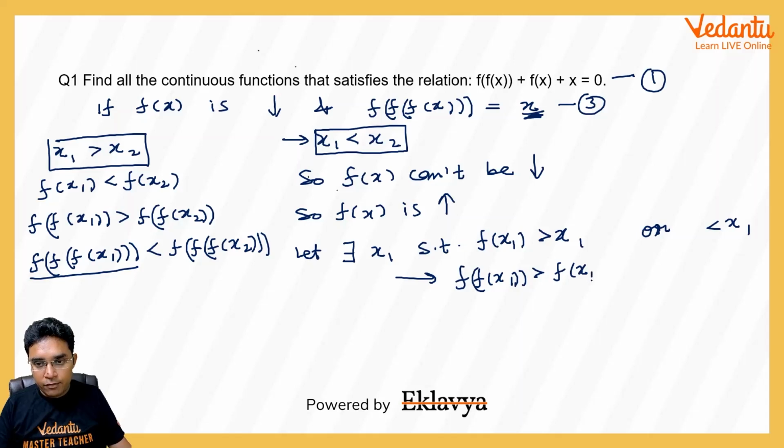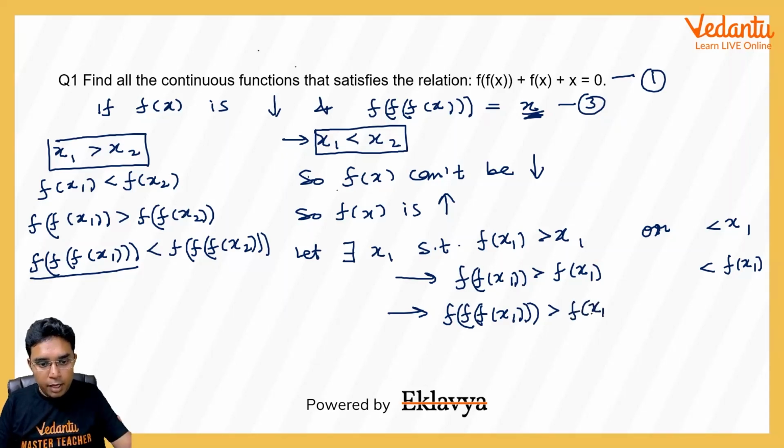What I have done, I have taken f on both sides, or in this case it will be less than f of x1. Okay, and if I take one more time, so f of f of f(x1), 3 times, will be greater than f of x1 actually.